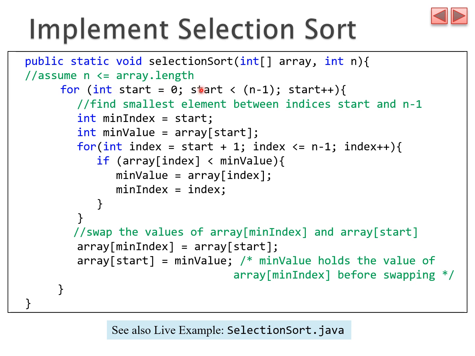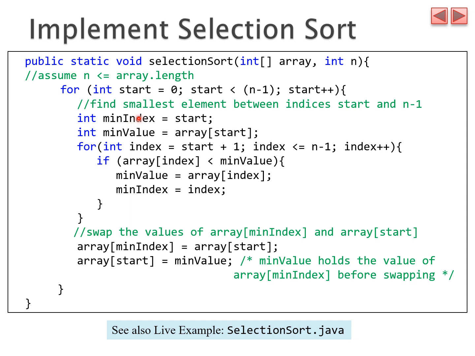In this for loop, there are two steps corresponding to the two big steps inside the loop of the algorithm outline. The first step is to find the smallest element in the unsorted segment, which is from index start to index n minus 1. The algorithm to find the smallest element is trivial.